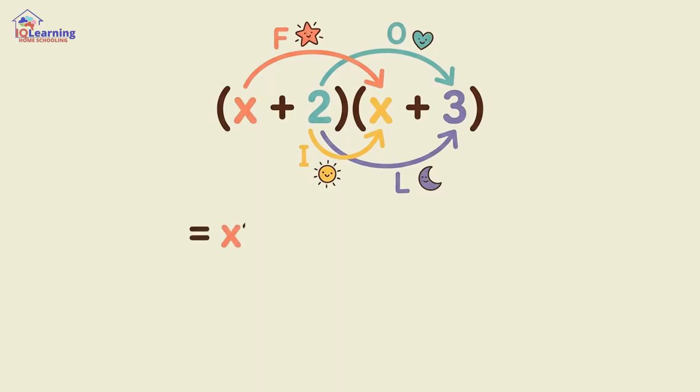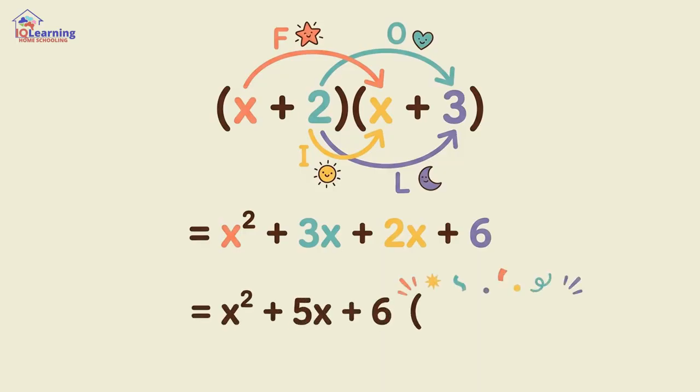So we get x squared plus 3x plus 2x plus 6. Combine the middle terms. 3x plus 2x equals 5x. That gives us x squared plus 5x plus 6. It matches exactly, so our factorization is correct.